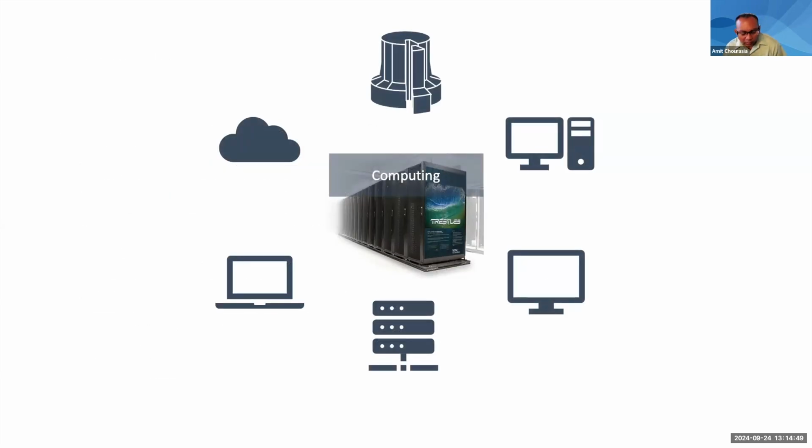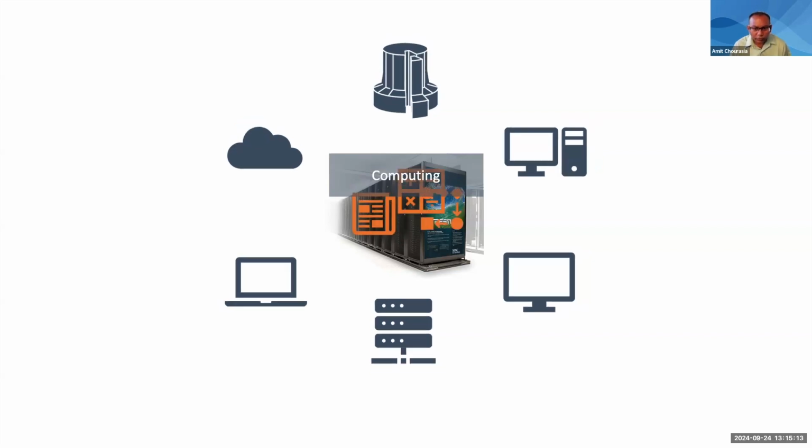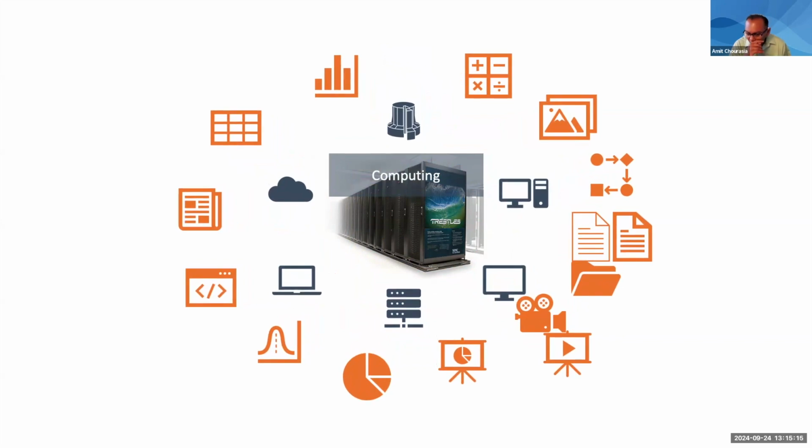So just a high-level view of things: science gateways and high-performance computing have been focused on computing. The idea is there is a central resource which is accessed from different places, different devices and things like that. So computing is the center of more or less anything, which is true to some extent. However, for the users, what they do with computing matters quite a lot more.